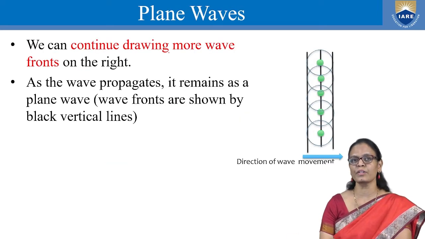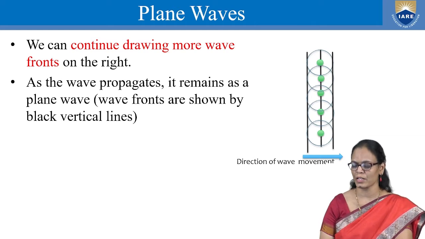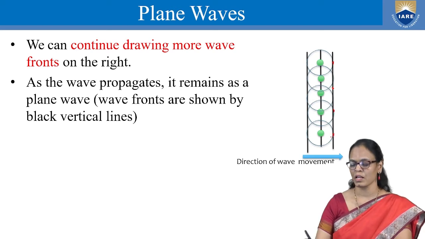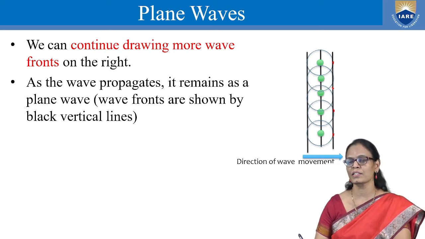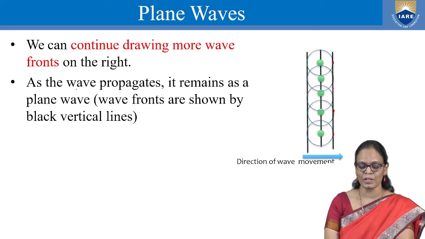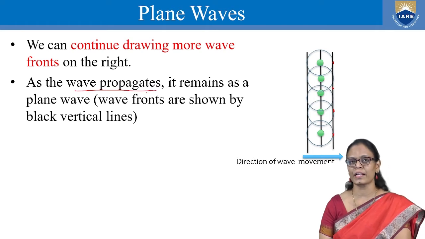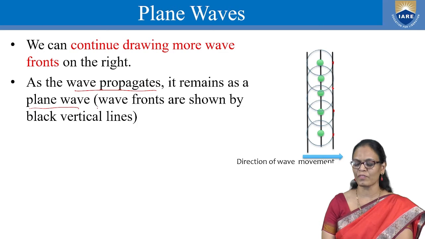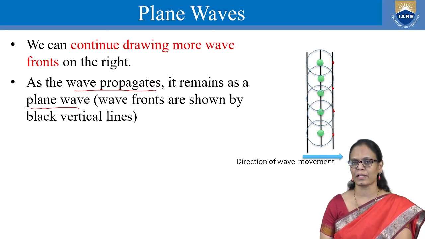And then we can continue to draw more waves to the right. Now these points will again become the sources, and with the help of these you can draw circles and then draw a tangent touching the circles that gives the new wavefront. In the same way you can keep on continuing. So as the wave propagates, it remains a plane wave. The plane wave is represented by these black lines.